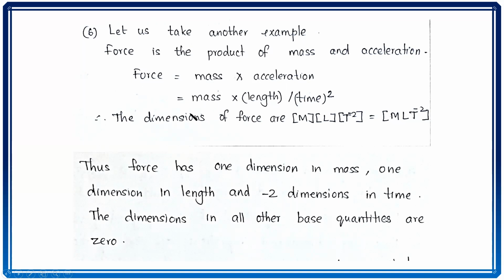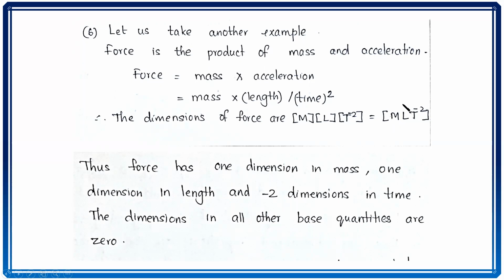Therefore, force is equal to mass into length divided by time square. For mass, you can write M within the square brackets. Length, you can write L within the square brackets. Time square is in the denominator, which means in the numerator it is time to the power of minus 2. Therefore, we are writing here T to the power of minus 2.